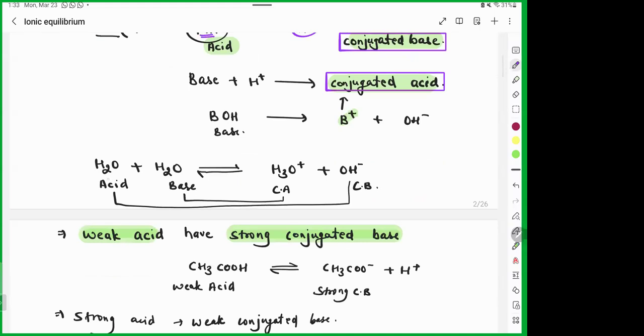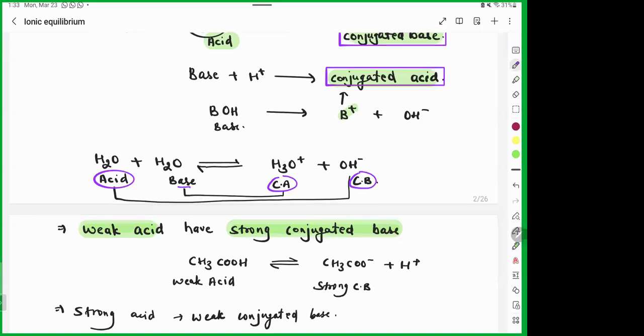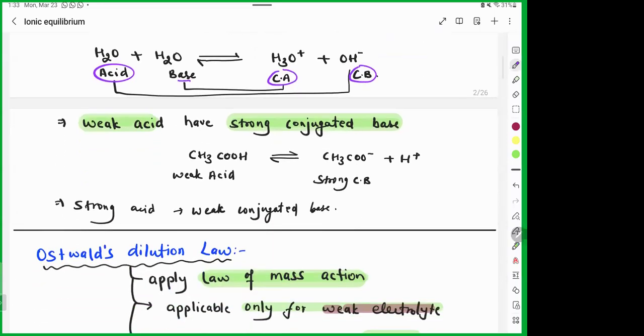Remember, acid forms conjugate base and base forms conjugate acid. Now, we use the same concept in the buffer solution. A weak acid has a strong conjugate base, and the opposite also applies: a strong acid has a weak conjugate base. Anybody have doubt on this side?